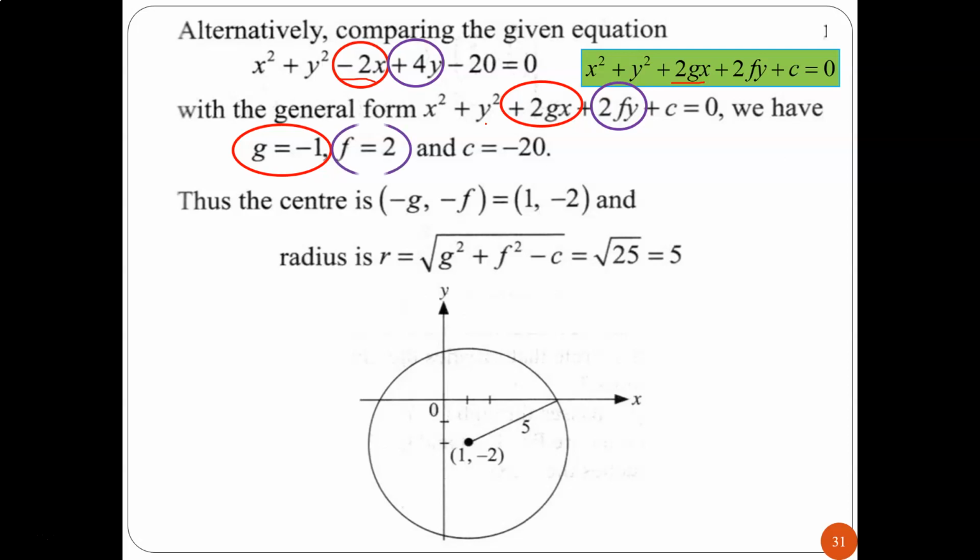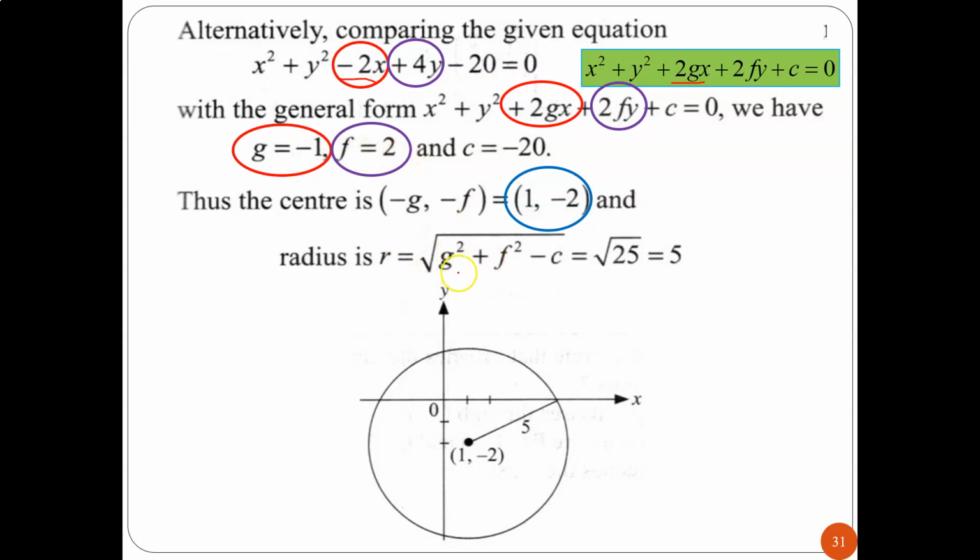So apa jadi? Your F equal to 2 and your C equal to, terus ambil, negative 20 ni lah. So the center, since dia guna yang ini dalam G and F, your center will be negative G, negative F lah. Terus ambil G and F. Negative G, 1, negative F, negative 2.